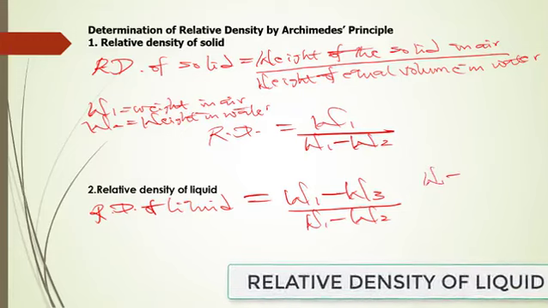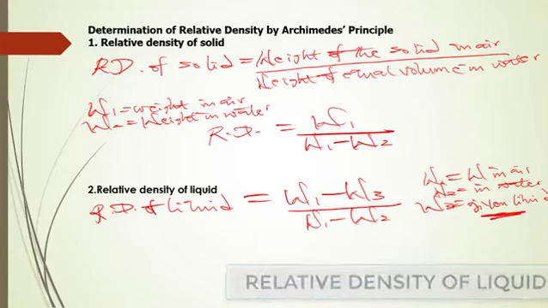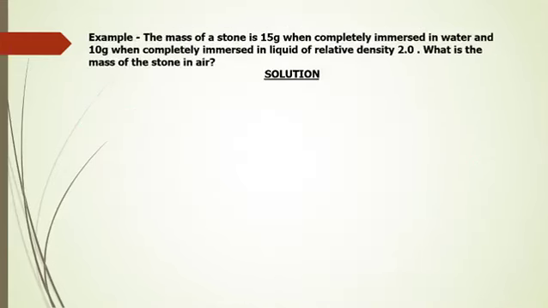I've already told you that W1 is weight in air, W2 is the weight in water, and W3 is the weight in the given liquid itself. Alright, so these are the two situations we need to be aware of.